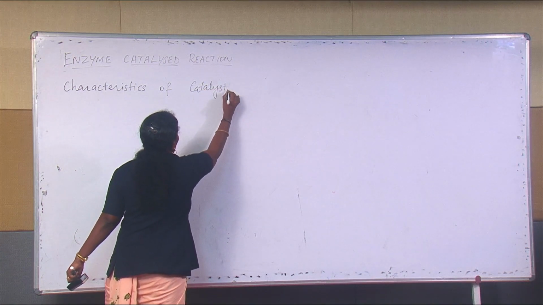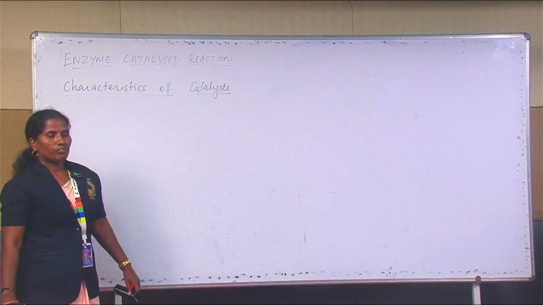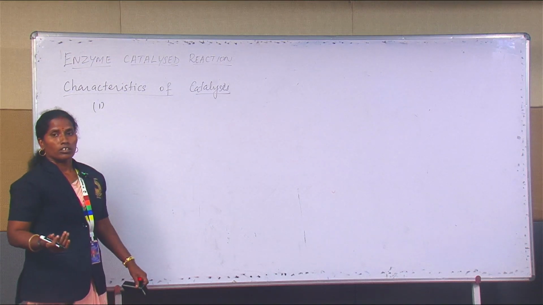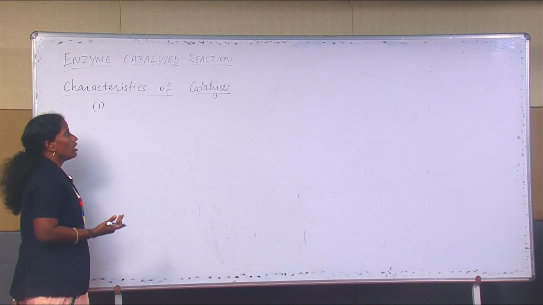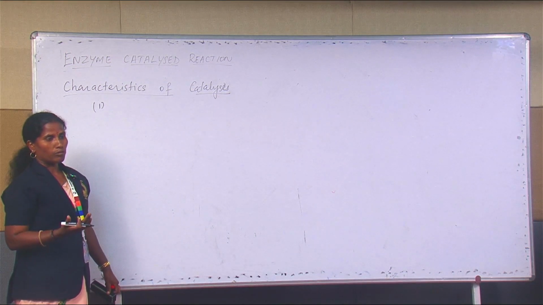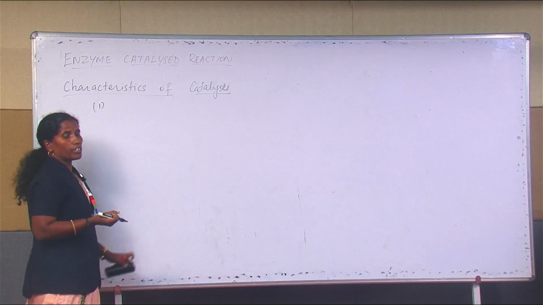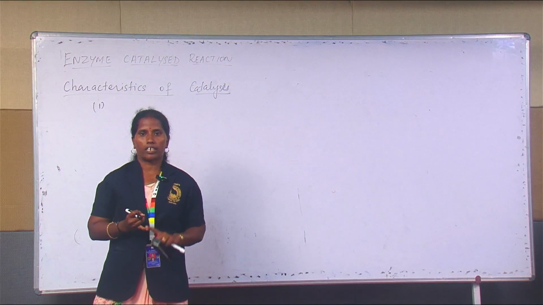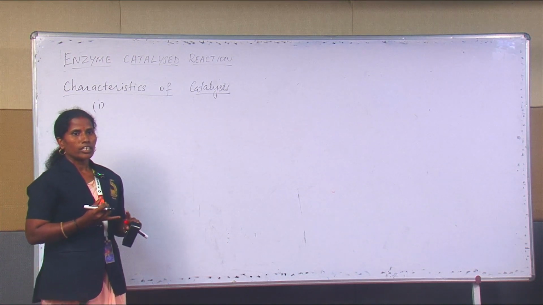The first basic characteristic: the catalyst does not change in amount or chemical composition at the end of the reaction. It does not change the weight as well as the chemical composition, whereas only the color or physical nature may slightly change.